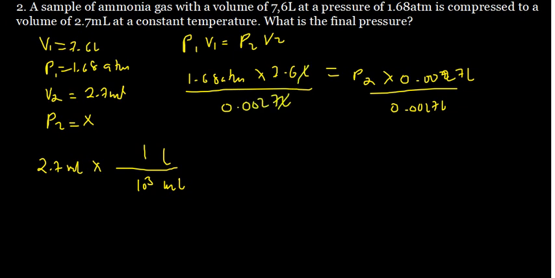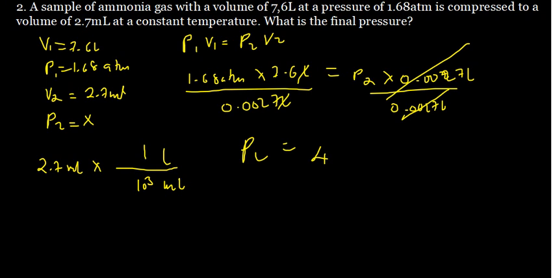The liter will cancel out, therefore P2 is going to remain. I'm going to multiply 1.68 by 7.6, and then I'll divide by 0.0027. Let me just punch that again. 1.68 multiplied by 7.6 divided by 0.0027.